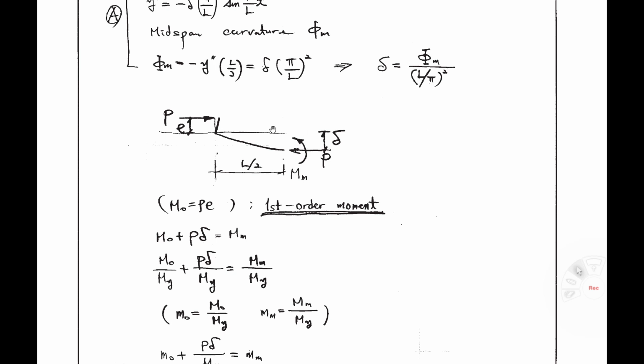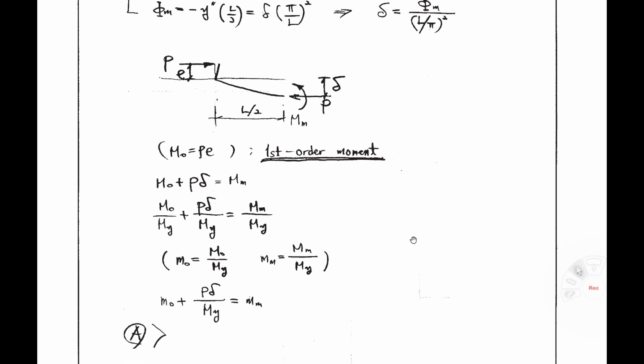This moment equals Pe plus P delta. And then let's normalize by My. M0 over My equals small m0. 0 means first order moment. Small m means normalized by My.